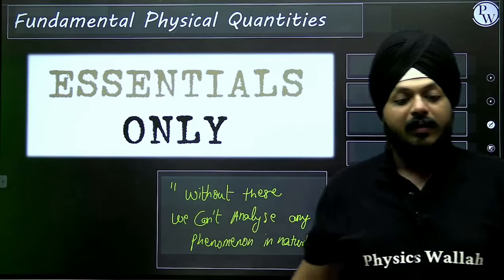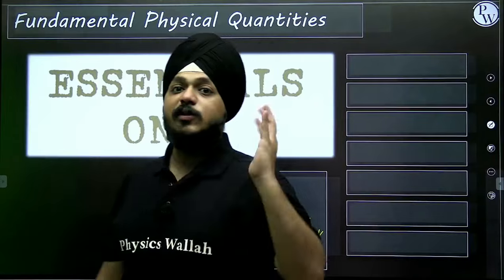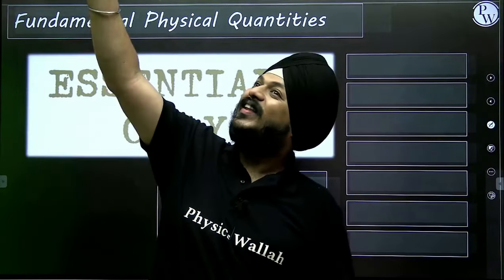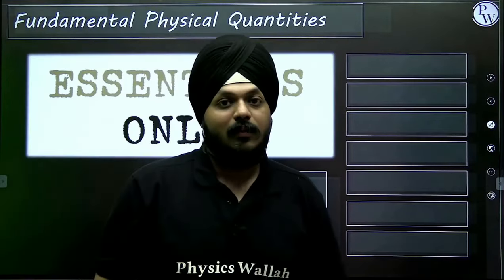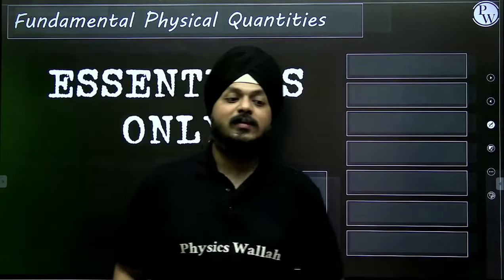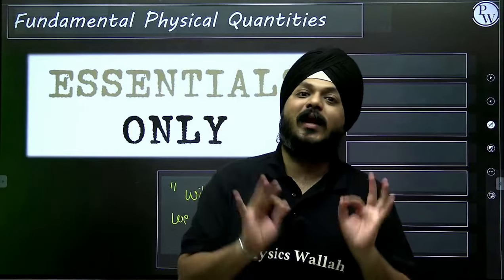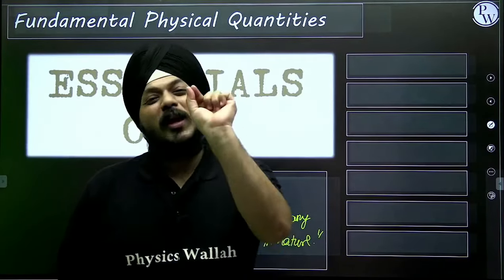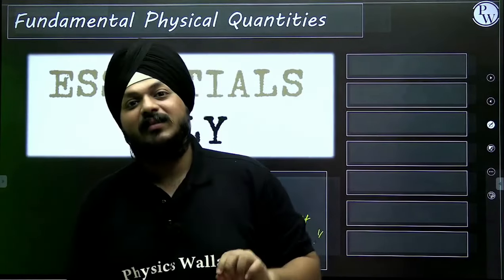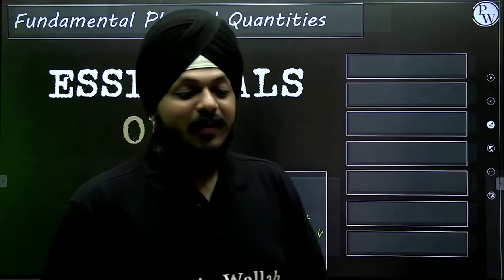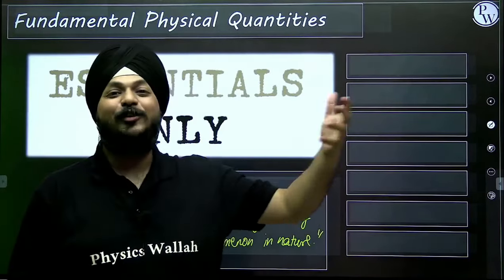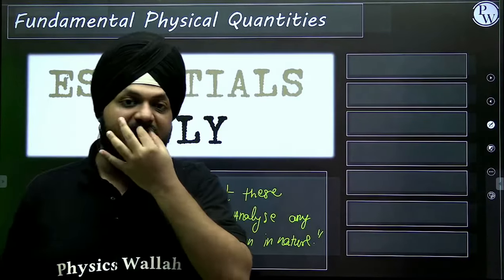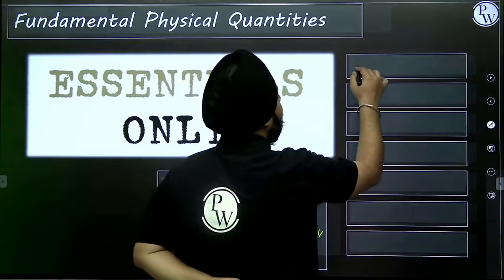Suppose I'm talking about a weird example, sitting idly with my iPhone, which has no sense from the physics point of view. But still, mass is there. If I'm talking of a small point-like object, still mass is there. Even for the weird phenomena of physics, without a fundamental physical quantity, I'm not able to describe that. So basically there are 7 fundamental physical quantities.